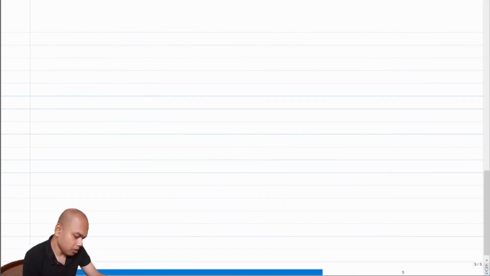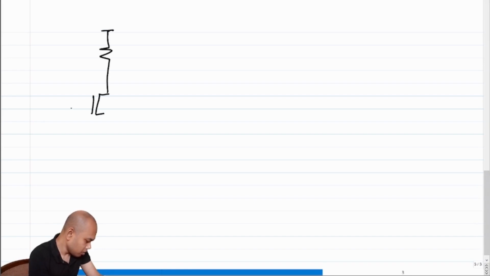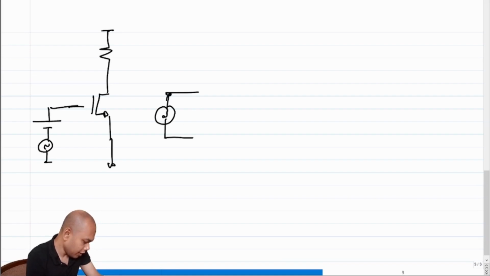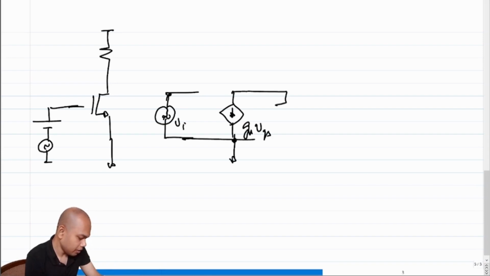Okay, so where we stopped in the previous lecture was here, the incremental model of this circuit. The incremental model was the same old. So we have Vi here, Gm VGS, where VGS is equal to Vi.